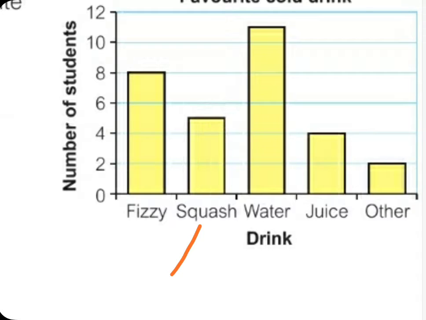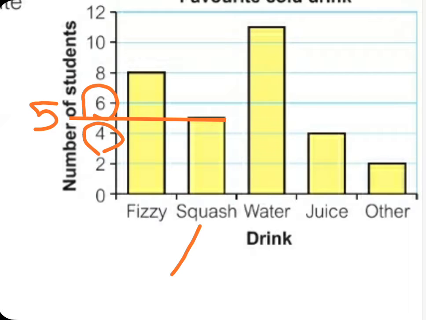So the end of the bar, we connect it to the vertical line, which represents the number of students. The number of students will be here in the middle between 6 and 4, which is 5. Very good. So 5 students like squash from this class.